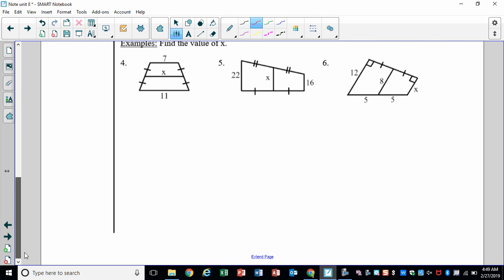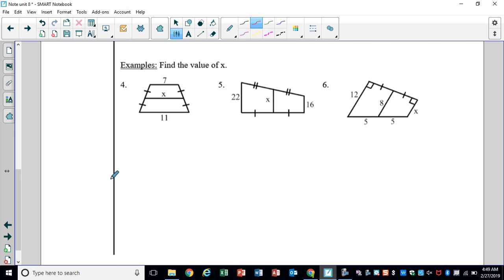So let's look at a couple of examples. Find the value of x. So I'm looking for the mid-segment, right? My formula says the mid-segment is 1/2 of the sum of the two bases.